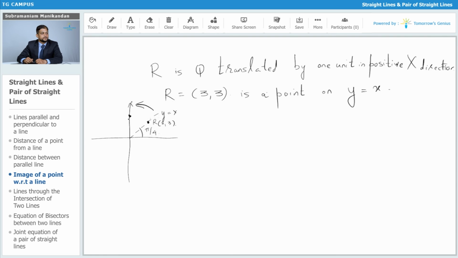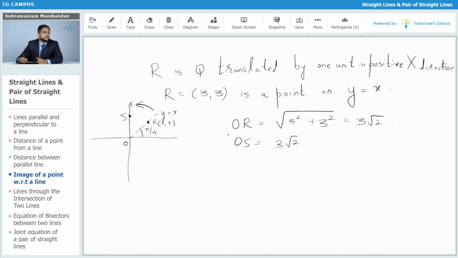And so let's call that point S. Now the only thing that will be common between OS and OR is the length. What is the length of OR? OR can be obtained by using the Pythagoras theorem, and that will be 3 times square root of 2. And so OS will also be 3 root 2. But S is a point lying on the y-axis.